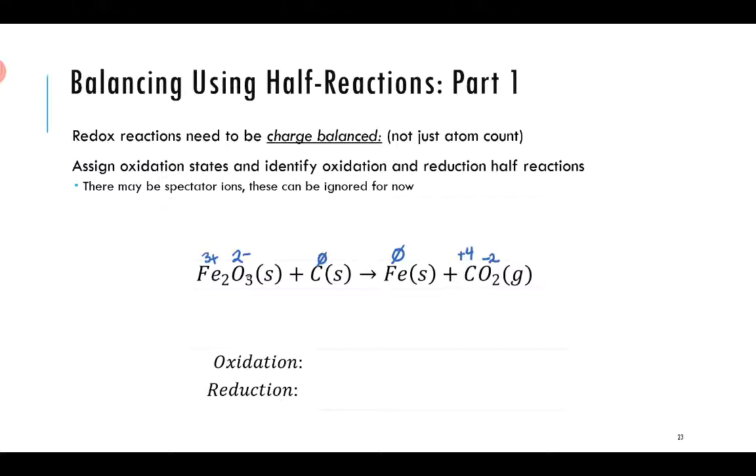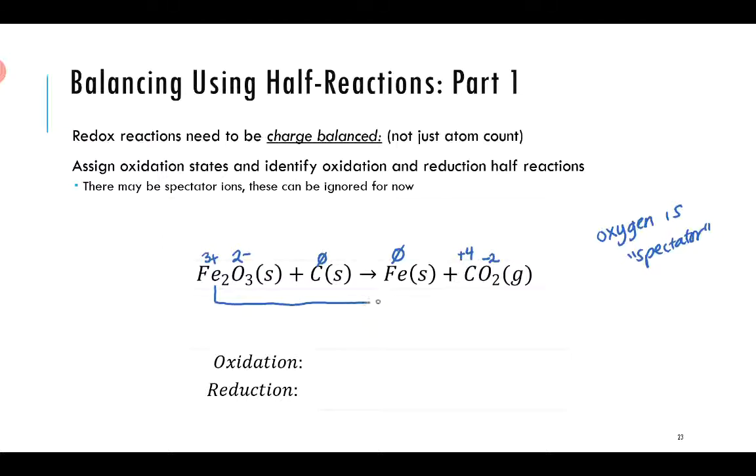Now let's look at what changed. Our oxygen stays 2- the whole time, and so oxygen is a spectator ion. Spectator ions just watch the reaction happening rather than actually participate. And so we're going to leave oxygen out of our half reactions. What is changing though?